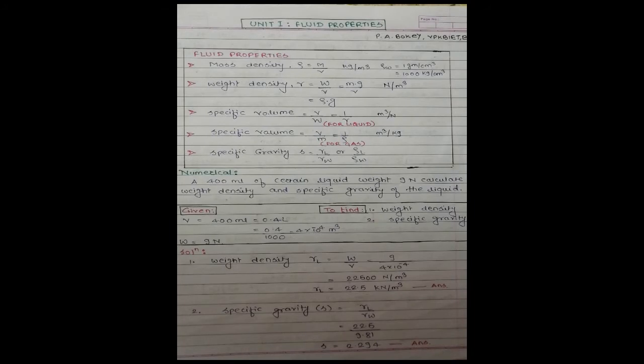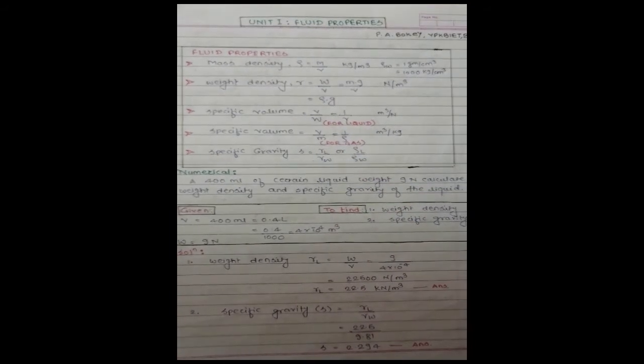The next property is specific weight or weight density. Specific weight or weight density of a fluid is the ratio between the weight of a fluid to its volume. The weight per unit volume of a fluid is called weight density, and it is denoted by the symbol gamma.